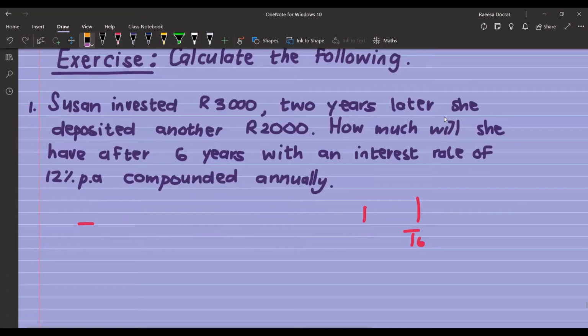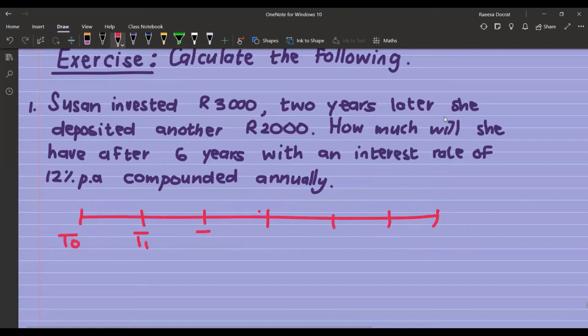So let's try drawing a better timeline with equal intervals. Time 0, time 1, time 2, time 3, time 4, time 5, and time 6.